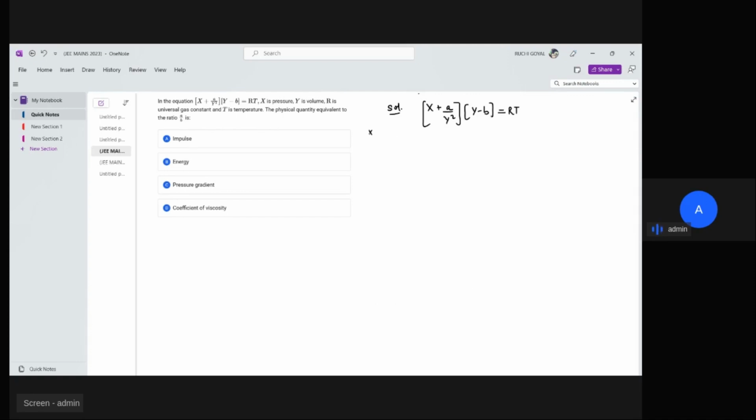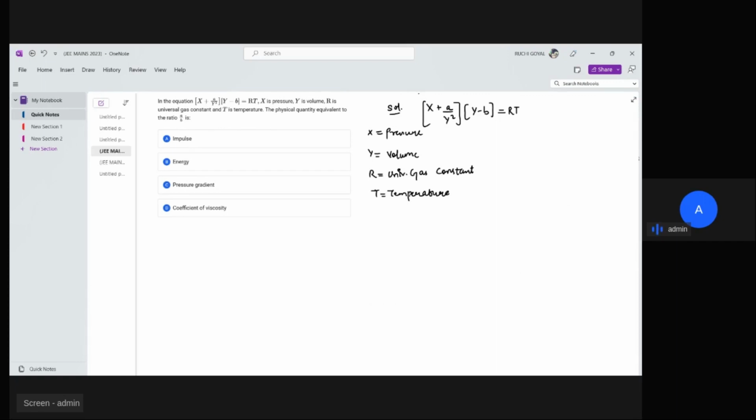Where x is pressure and y is volume, r is universal gas constant, and T is temperature, right? These quantities are given to us, the physical quantity equivalent to the ratio A divided by B. So A divided by B we have to find.